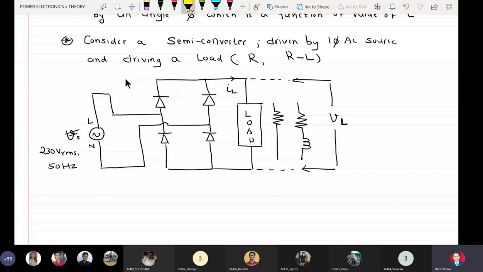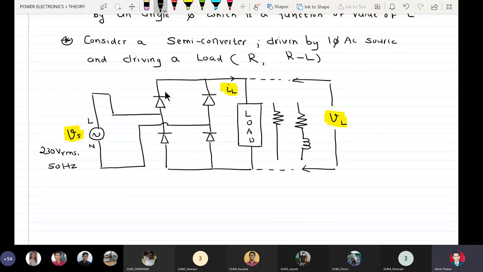Okay, source voltage Vs, load voltage, load current.